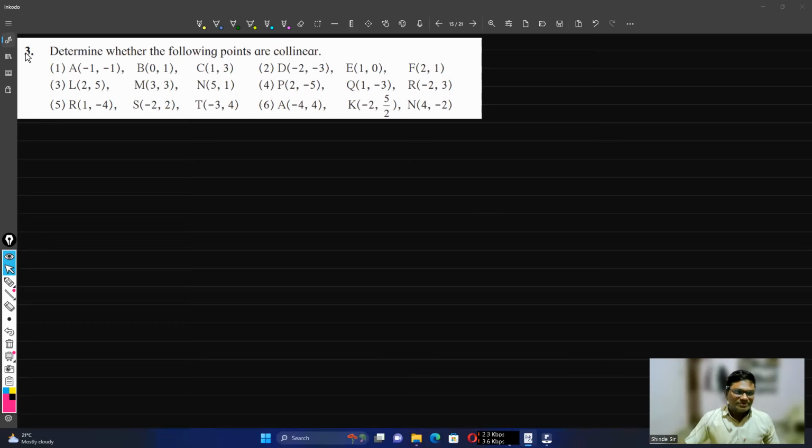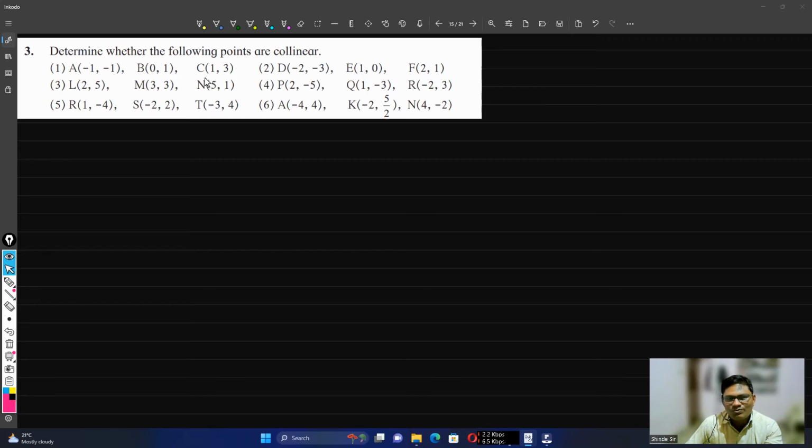So here is problem number 3, which states: determine whether the following points are collinear. So we have to find whether these 3 points in each problem are collinear or not. For that, we will find the slope of any 2 segments that will be formed from these 3 points.